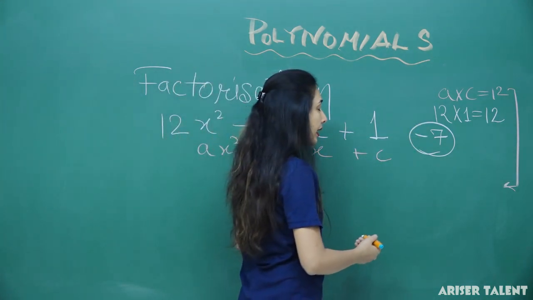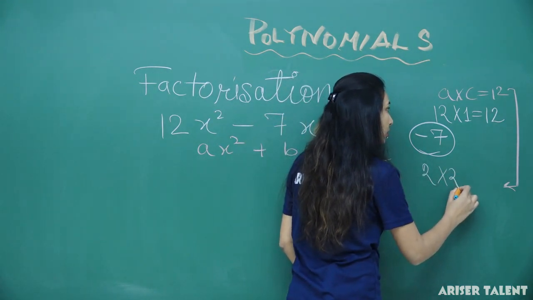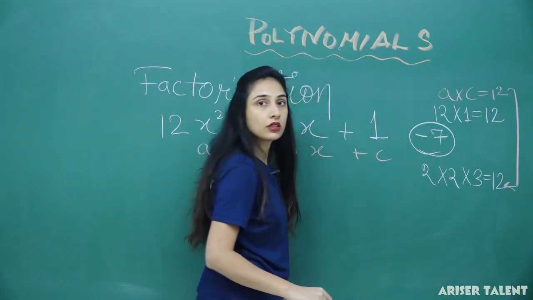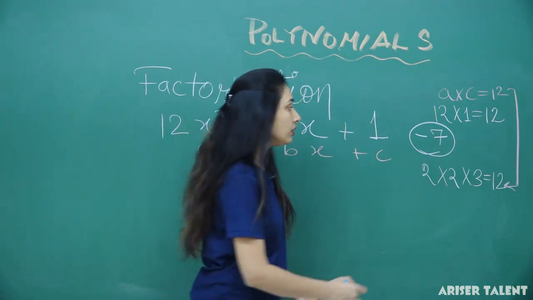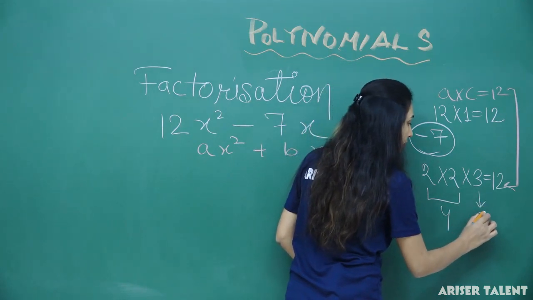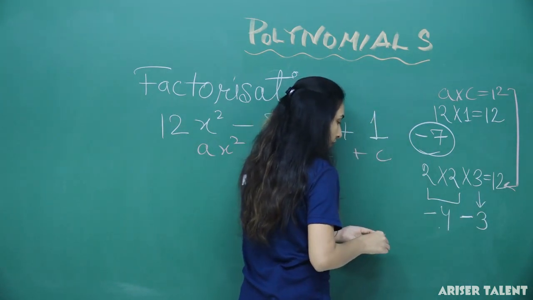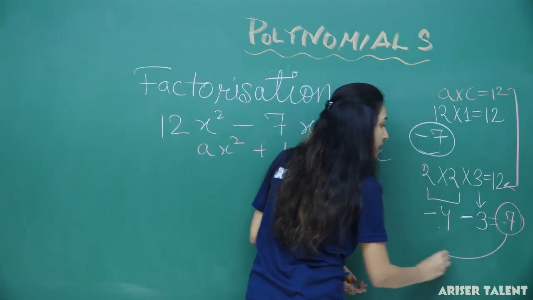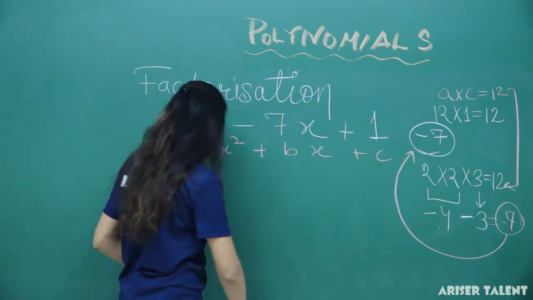Have a look. 2 2s are 4 and 4 3s are 12, right? These are the factors of 12. Now this is 4 and this is 3. Now −4 and −3 will give you −7, which is b, not c, b.